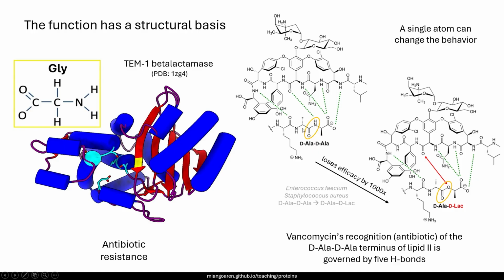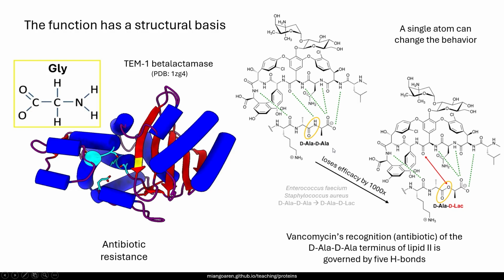But in the case that this peptide is modified because it corresponds to another species that does not have a D-Ala, but in this case, it has a peptide called D-Lac. We see that then these 5 hydrogen bonds can no longer be established, and therefore the effectiveness of this antibiotic against bacteria that have this particular peptide exposed in their membrane decreases approximately 1,000 times, in relation to if it did have the interaction with the D-Ala peptide.